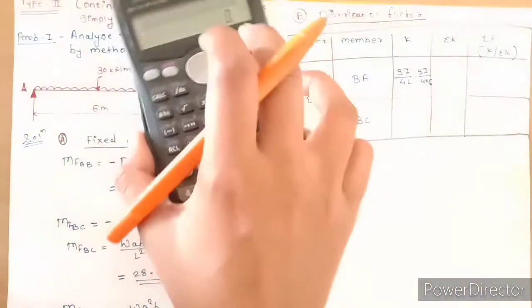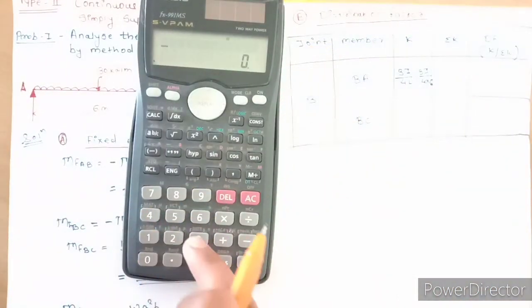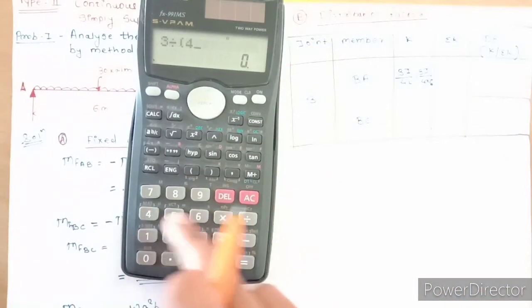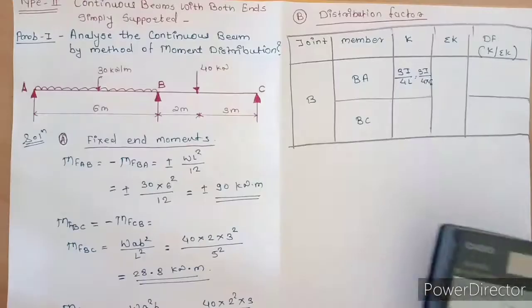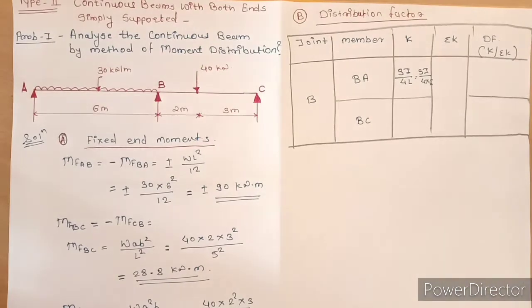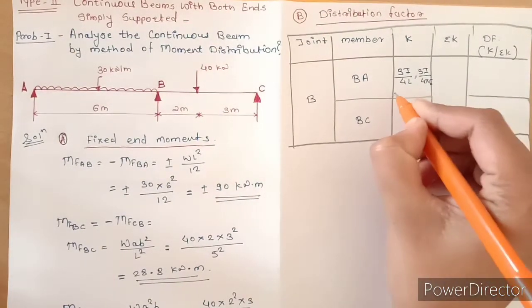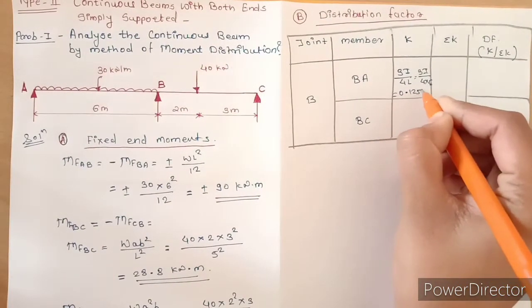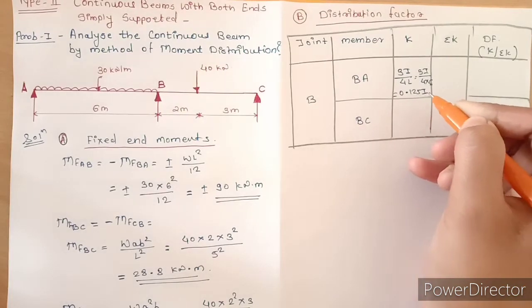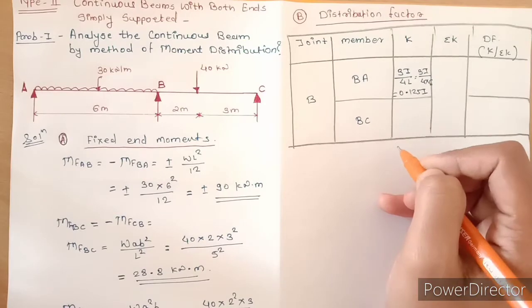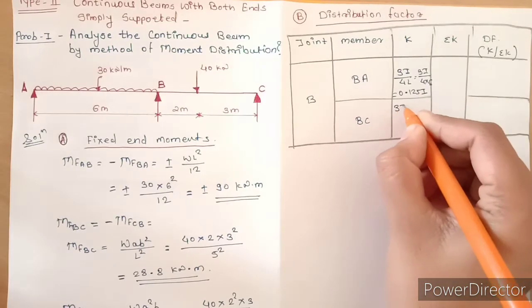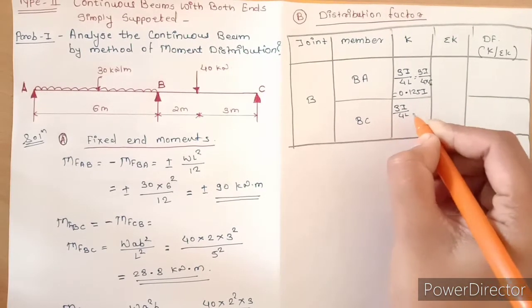So 3 divided by 4 multiplied by 6 is equal to 0.125 I. Then for the BC member, the same formula 3I divided by 4L applies.